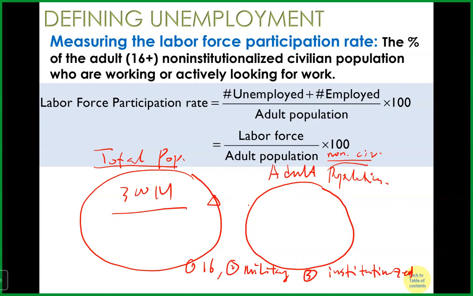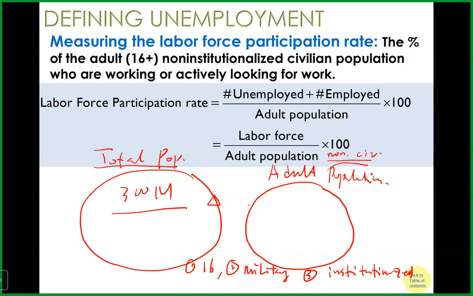Inmates, those are not in the labor force, right? So they are serving their sentence. Who else is considered institutionalized? Very close. Retired is not necessarily institutionalized. So institutionalized, to be precise, are those in the hospital or in a nursing home, who lose their ability to work.